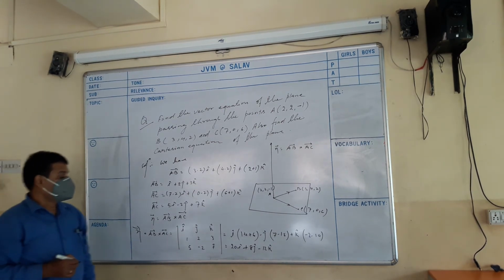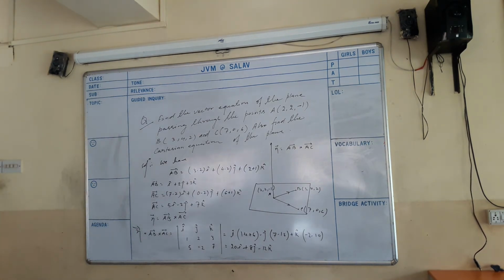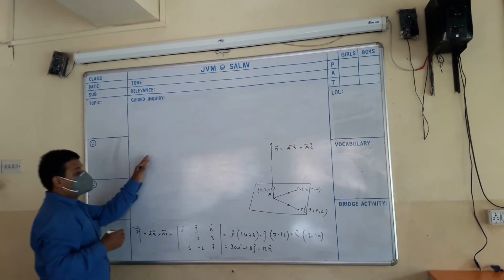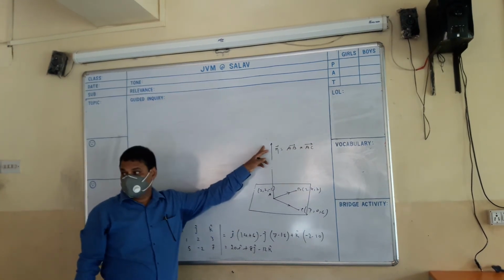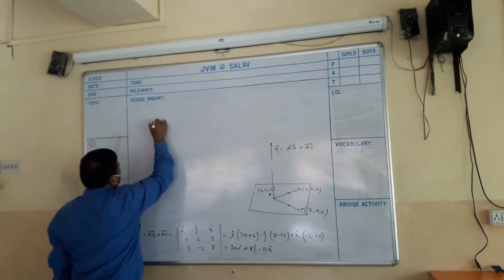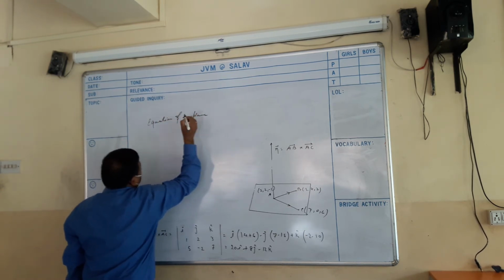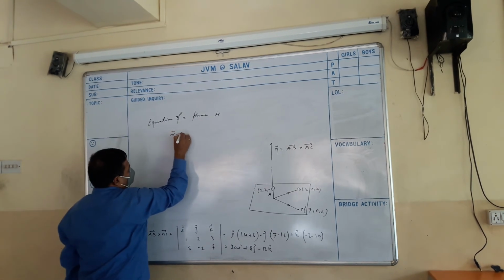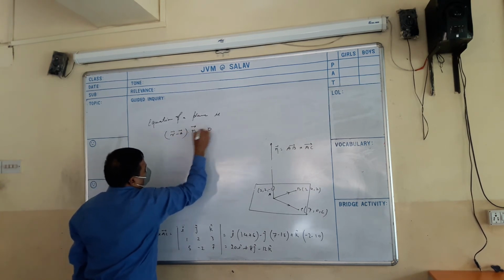Now you have to use the equation of a plane formula. If a plane is passing through a given point and the normal is already given, we can write the equation of the plane as vector R minus vector A dot vector N equal to 0.